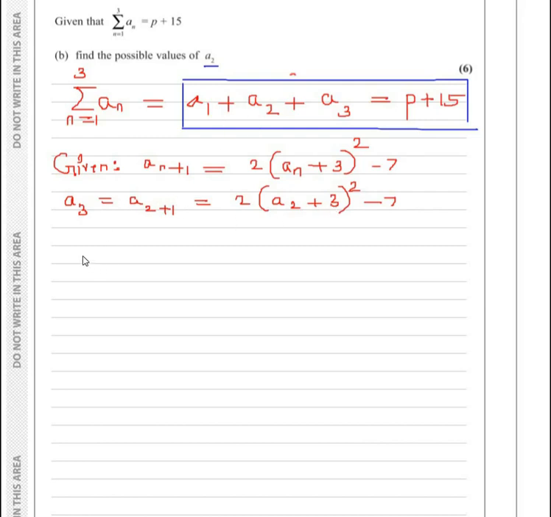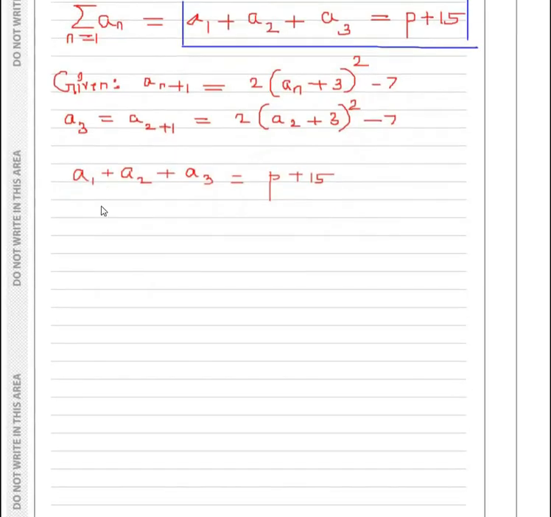So let us now write down things. a1 plus a2 plus a3 is equal to 2 plus 3. We have a1 as b minus c, so substitute in place of a1 b minus c, plus treat a2 as it is, plus in place of a3, substitute the value we got just now: 2 a2 plus 3 the whole square minus 7 equals 2 plus 15.